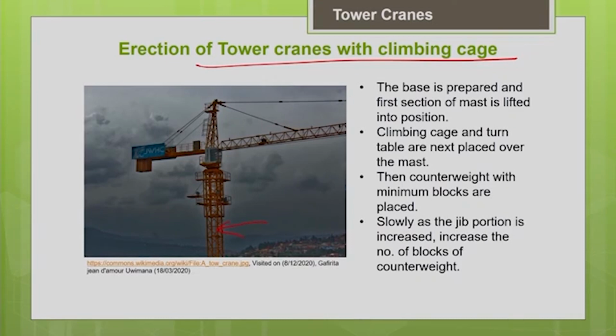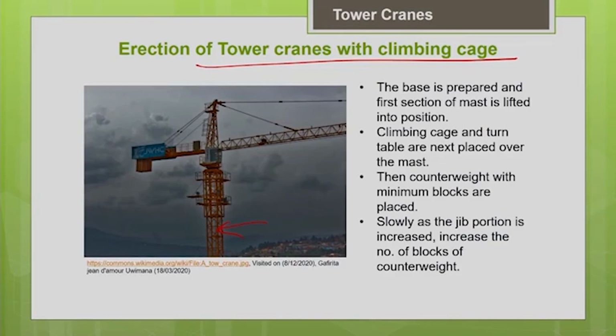After construction of the first few sections of the tower crane, you erect your turntable or slewing ring, operator cab and the tower top. For all these things we need the support of another mobile crane. With the help of the mobile crane, you erect the turntable and the climbing cage.